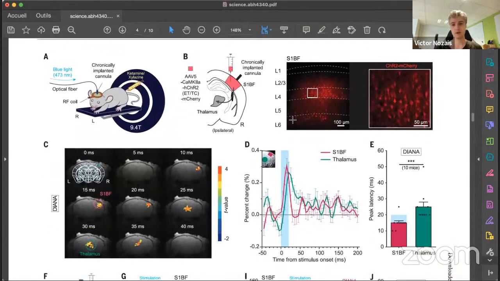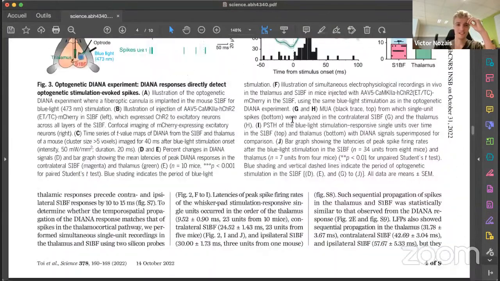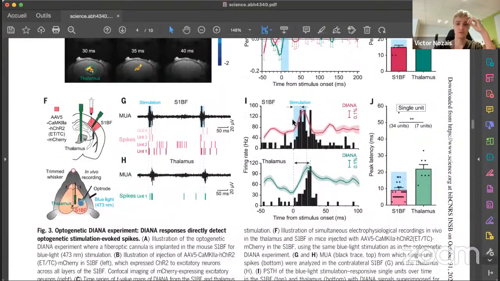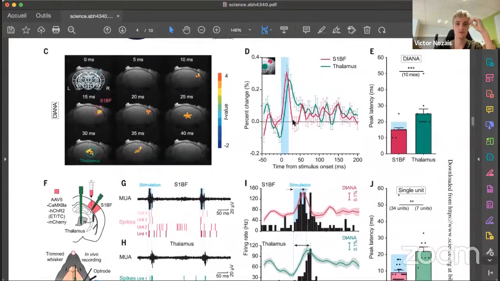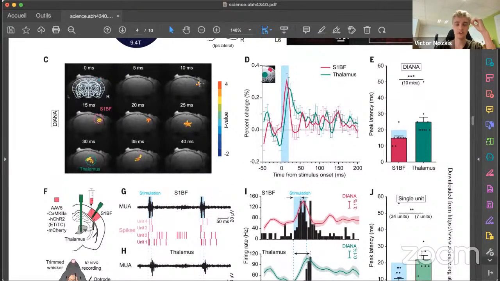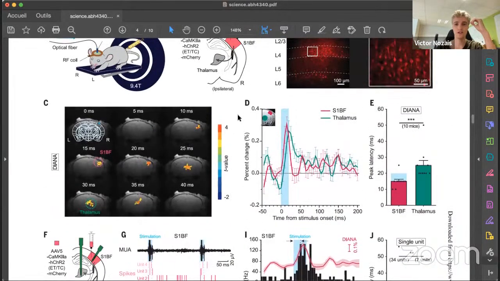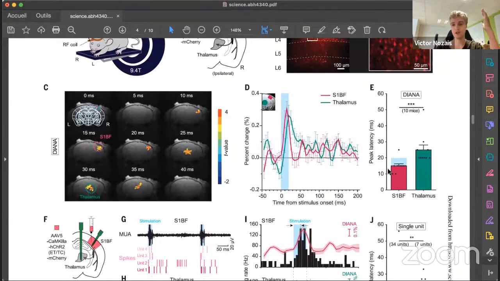Then they did the last experiment, I think, where they did optogenetics to stimulate directly the barrel cortex and to see the response in the thalamus, and it worked as well, with a very, very short difference between the stimulation and the response in the thalamus.